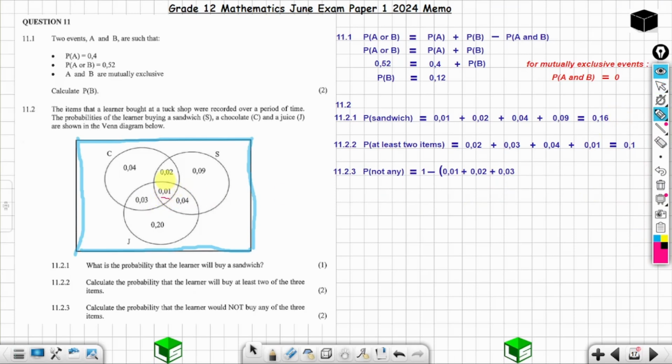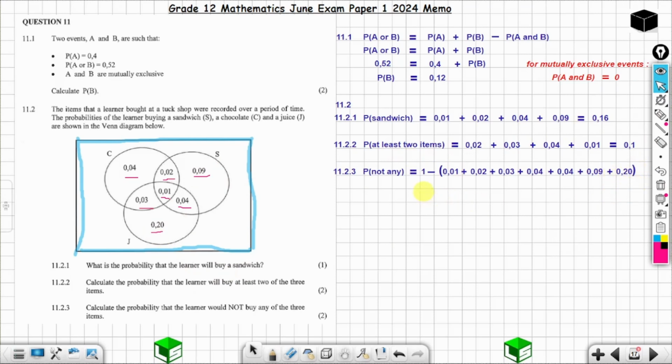We have used this, and this, plus 0.04, this, and then plus 0.04 again, and then plus 0.09, this, and then 0.20, plus 0.20.